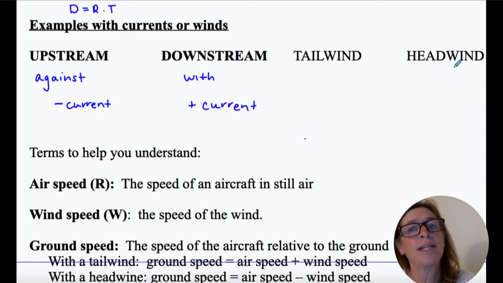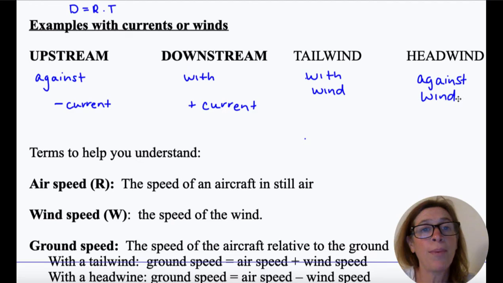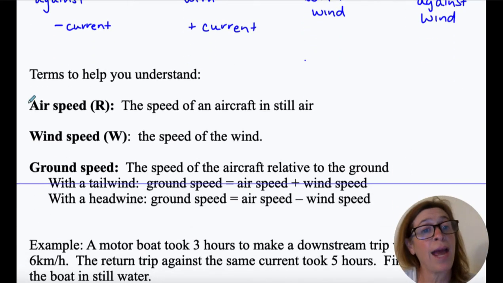Same thing with tailwind and headwind. Tailwind, I'm going with the wind. And a headwind, I'm going against the wind. Okay, so a couple other things that are important are the vocabulary that we're going to see in these different questions. Airspeed, that's R. That's the speed of an aircraft or a boat in still air or still water.